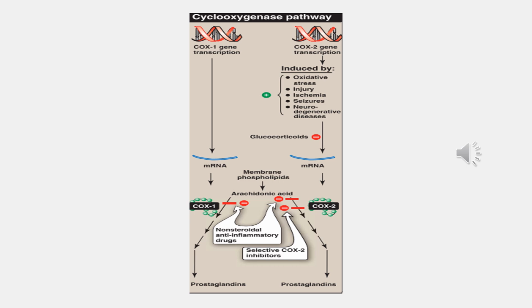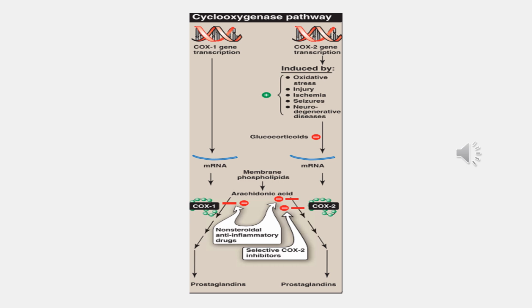Because when we inhibit both COX-1 and COX-2 non-selectively, one of the adverse effects, which we will discuss in other videos, is on the stomach, GI upset. They are very important because they can cause bleeding, GI bleeding in the stomach and other parts of the GI.